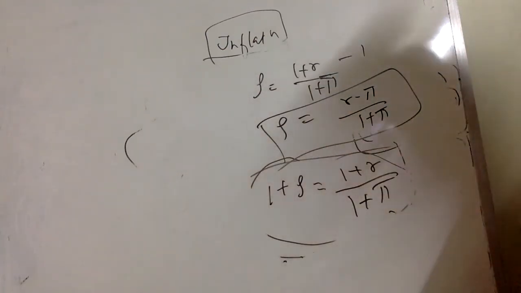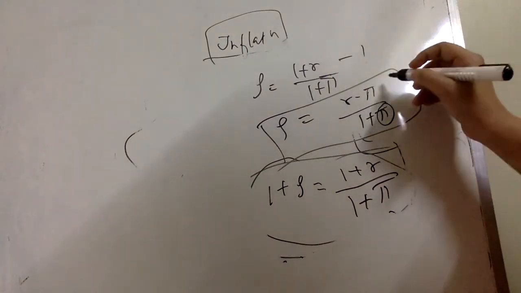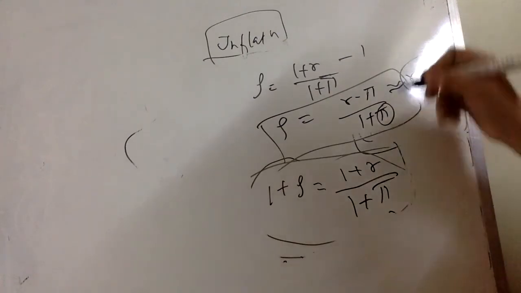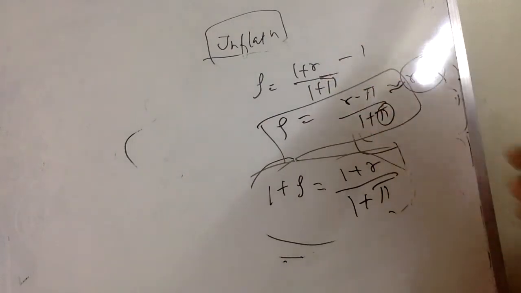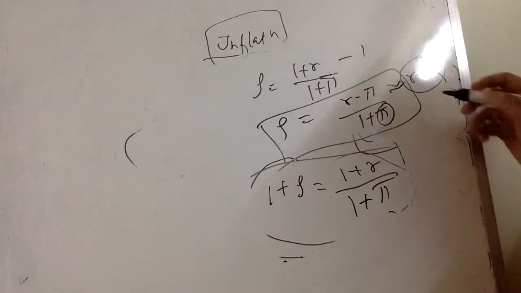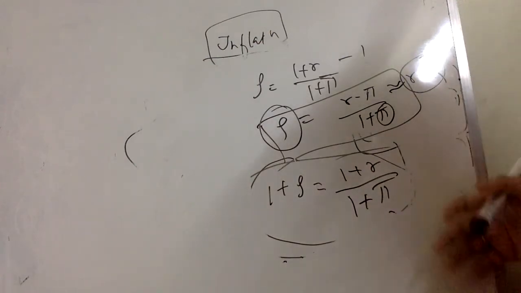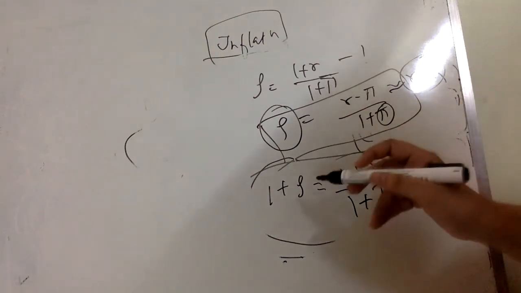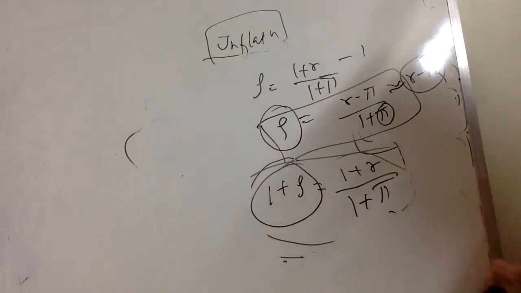This is the value of rho here, and if pi is a very small value, then I can approximate rho as R minus pi. What exactly it means is that R was the nominal rate of interest, pi was the inflation. So the real rate of interest replaces the nominal rate of interest. We have here 1 plus rho instead of 1 plus R that we had earlier.